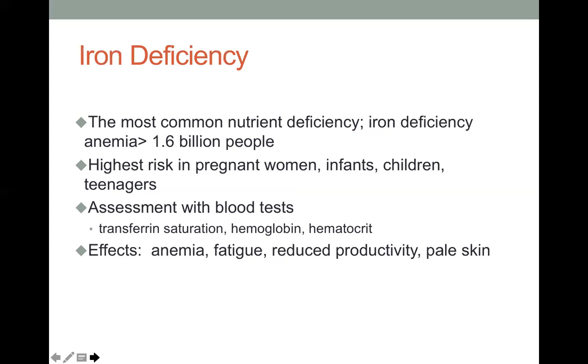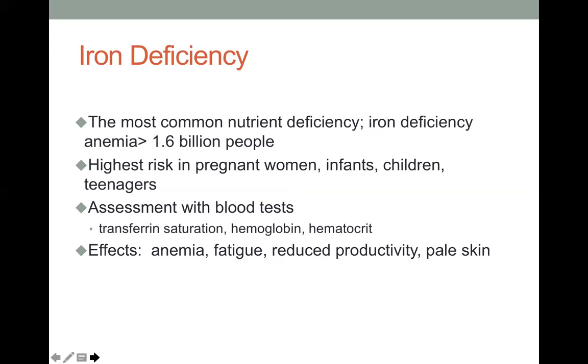And also infants, children, and teenagers sometimes consume diets that are not very rich in iron. Breast milk to a mom who had adequate iron stores has about enough iron to last 6 months, but after that, breast milk is inadequate in iron, and so infants need to have some sort of iron supplement or iron fortified food or iron fortified formula.